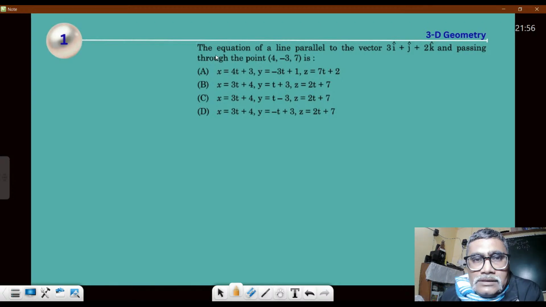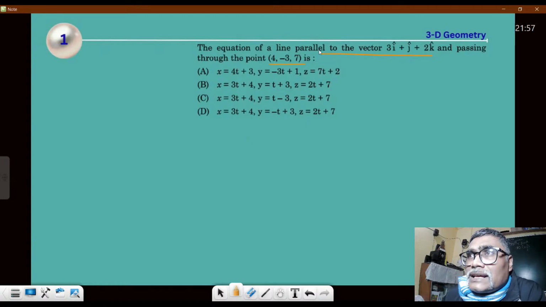This is the first MCQ problem. The equation of a line parallel to the vector, passing through the point. They did not write the line in the form we expected, right? So first of all, I'll explain the background and then at last I'll tell you the shortcut because the background is to be known.